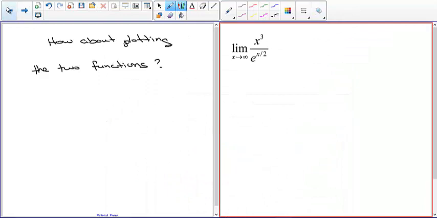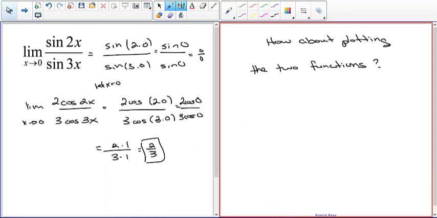Yes? Does this rule only apply in indeterminate cases? I don't know. Let's think of one where it's not indeterminate and see what happens.